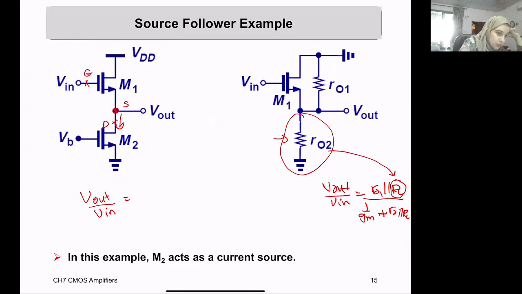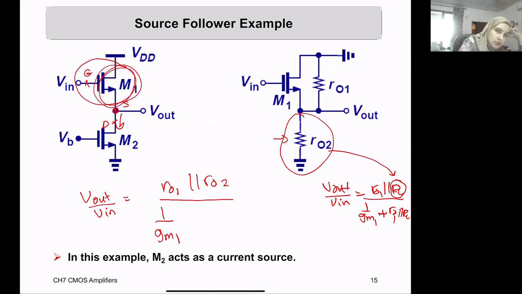This is going to be R out 1. So the gain will be R out 1 in parallel with R out 2 divided by 1 over Gm1 plus R out 1 in parallel with R out 2. Why Gm1 and not Gm2? Because the amplifier transistor doing the amplification is M1. Any question?